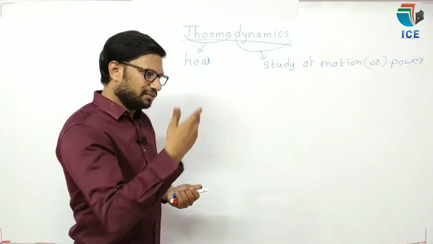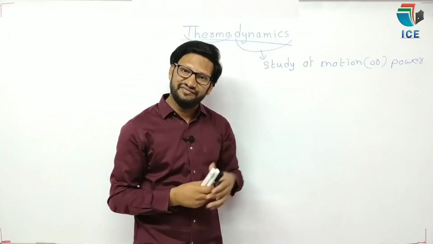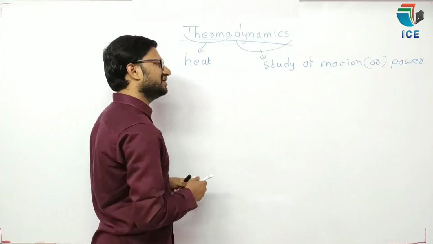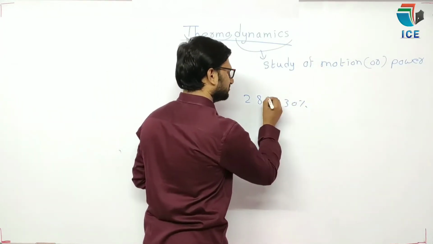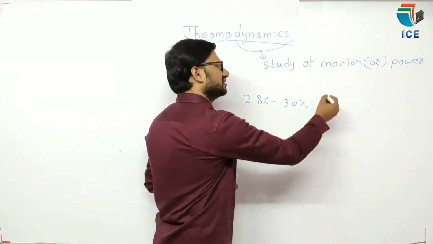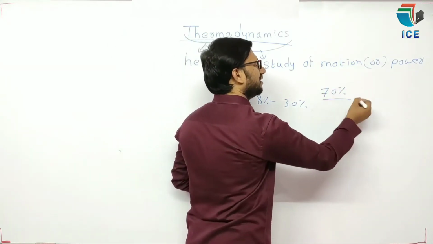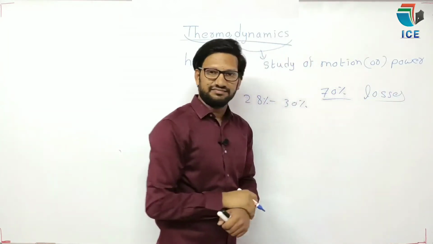As we know, the most common power plant is the thermal power plant. What is the efficiency? The efficiency of a thermal power plant is only 28 to 30%. Do you know that one? Means almost 70% is losses.